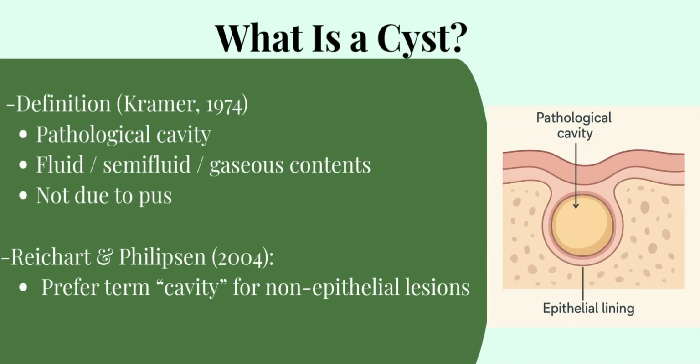In most cases, a cyst is always lined by epithelium, but there are a few exceptions in the oral and maxillofacial region, which include examples like mucus extravasation cyst, the aneurysmal bone cyst, and the solitary bone cyst.